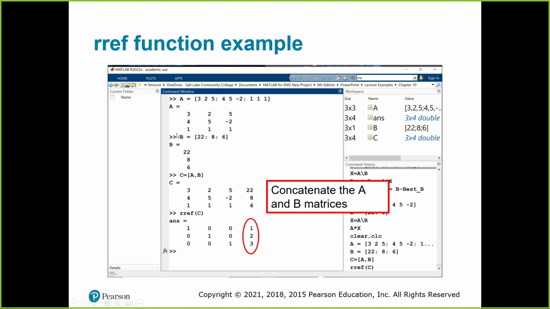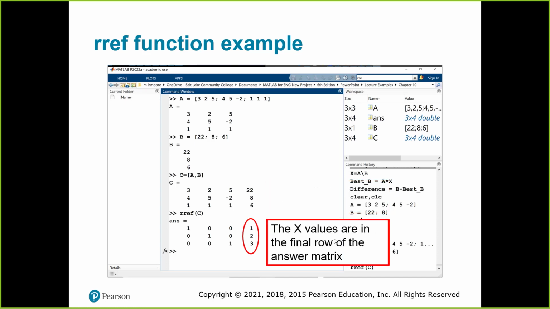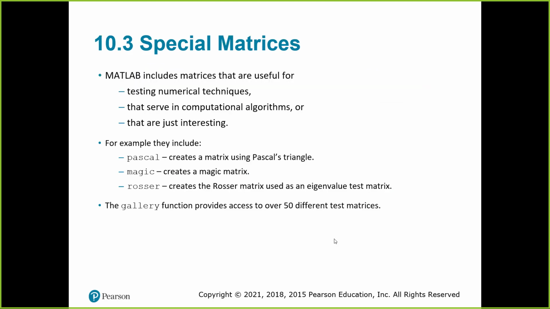So we took the coefficients of A and coefficients of B and put them all together into one matrix, and then call up the reduced row echelon function with a single input, and it calculates it and iterates until it finally gets the identity matrix over here, and this is your solution. And then the X in the floating row is your answer.